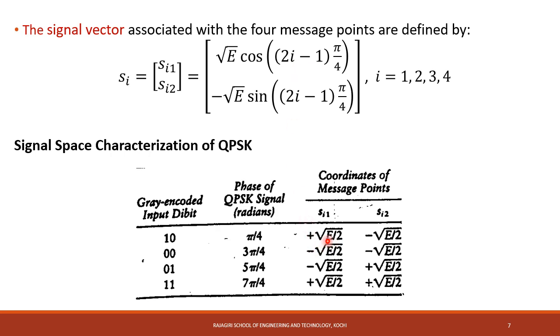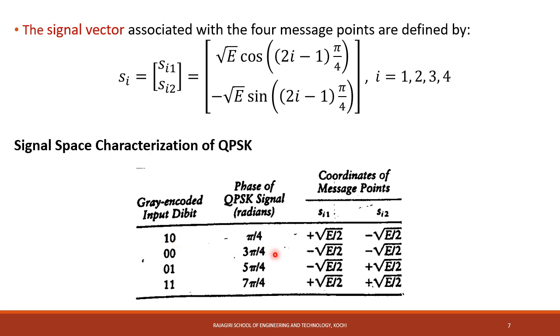Now corresponding to i equal to 1, the projection of the signal on the second basis function would be minus root E sin of (2 minus 1), that is sin of pi by 4, that is minus root E by 2. So that is what you get here, minus root E by 2. This is the coordinate of the message point corresponding to the first symbol.